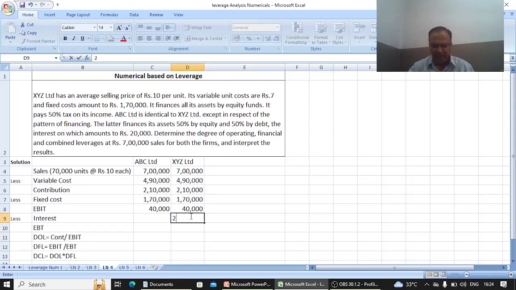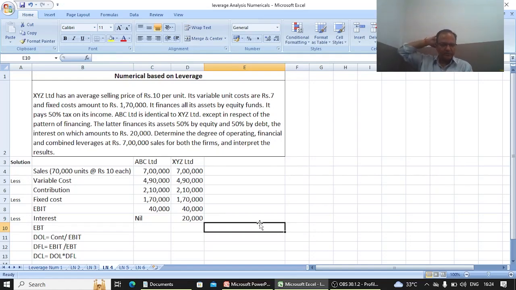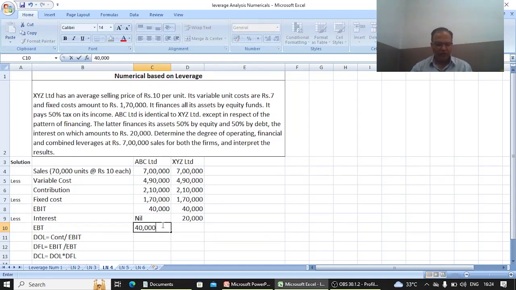It means here we will write interest expense as 20,000 and here it will be nil. Now this is 40,000 and this is 20,000.